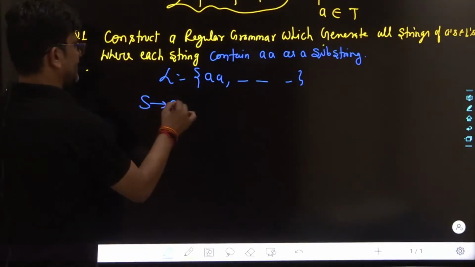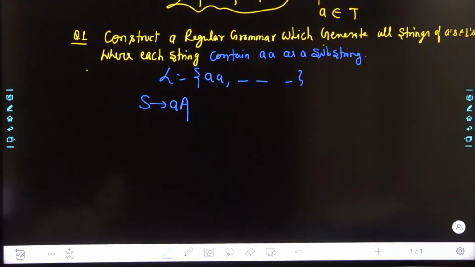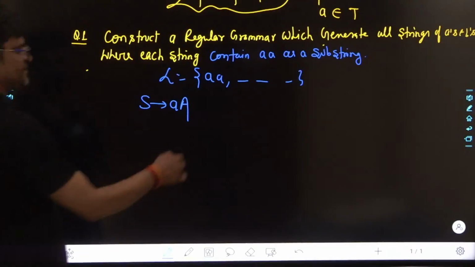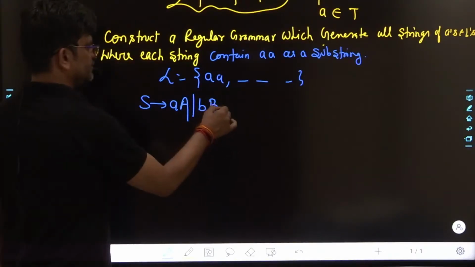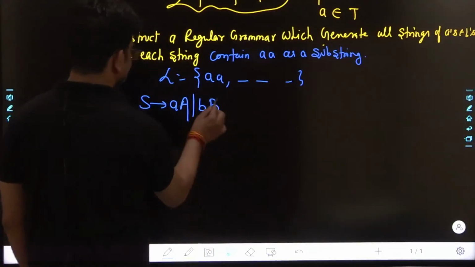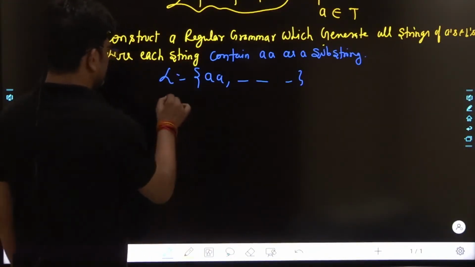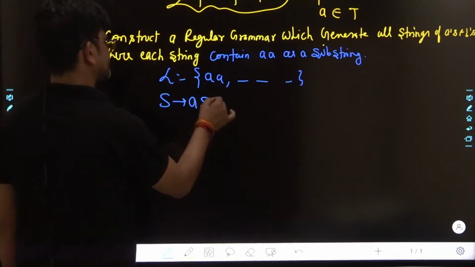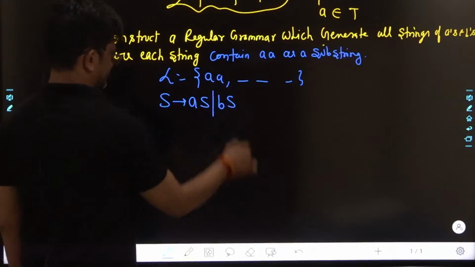So S determines A, it starts with A, or it also starts with B. Or we can write it like this: S determines AS, BS.